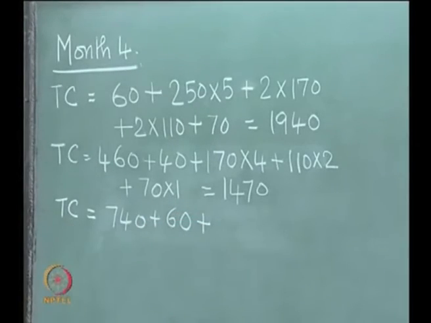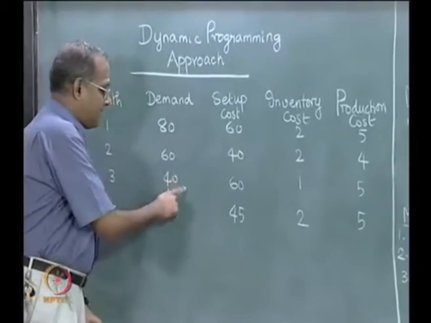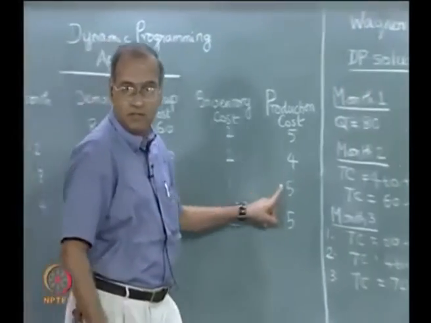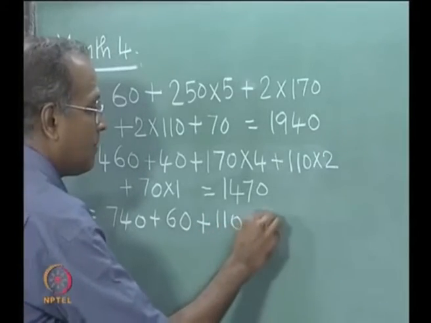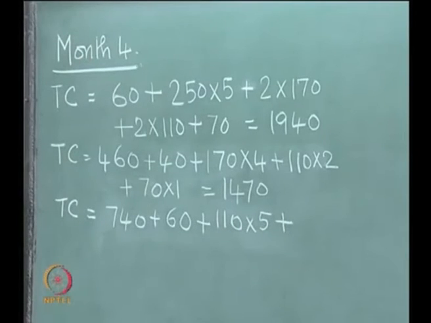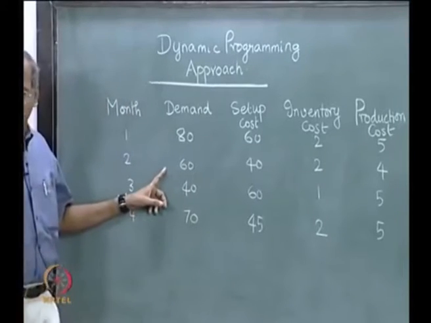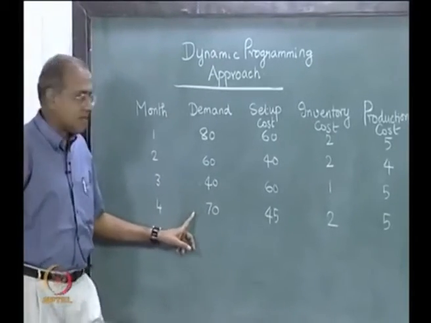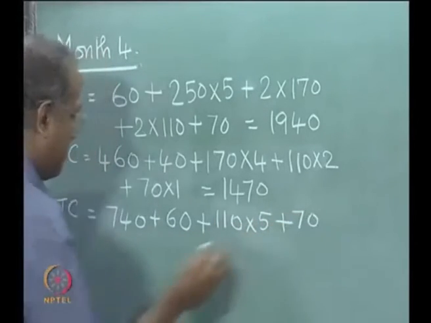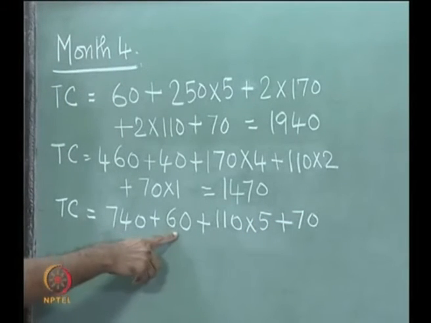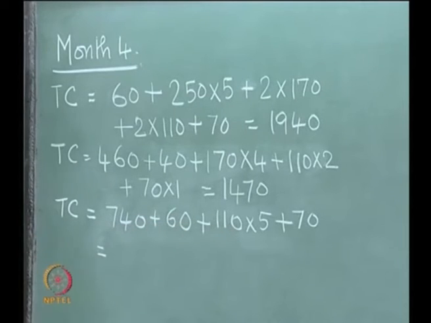There is a production quantity of 110, production cost is 5, so 110 into 5, plus out of these 110, 40 is consumed, 70 is carried, 70 into 1 is 70. So, this is 740 plus 60 is 800, 800 plus 550 is 1350, plus 70 is 1420.